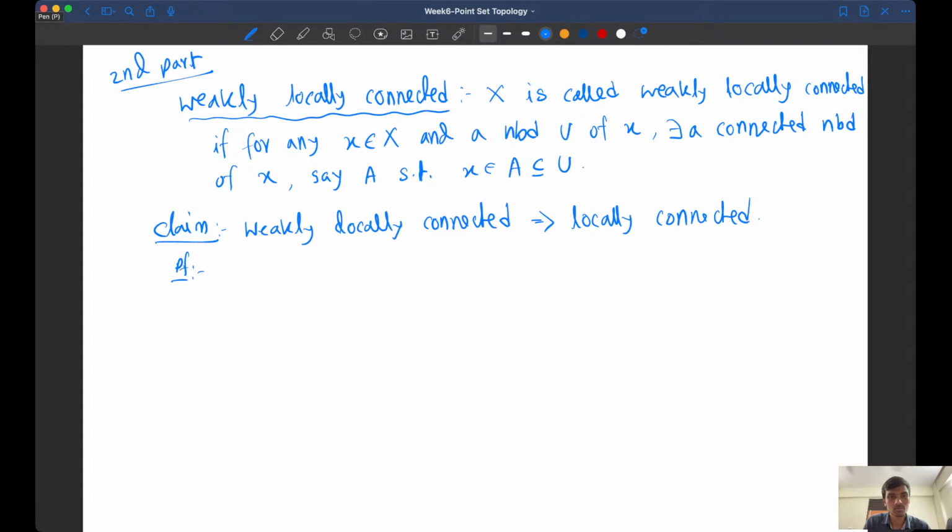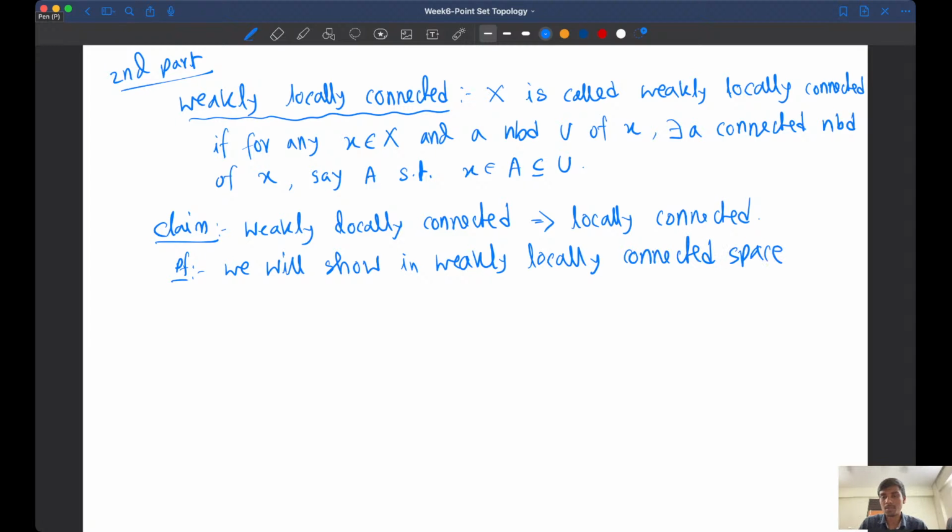Okay, so in a weakly locally connected space, a component of any open set is open.